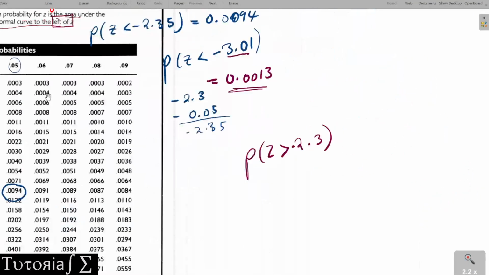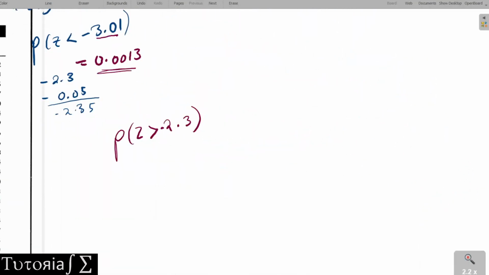But what do we do if we have the probability of z greater than? What we'll do is we'll convert this to a less than. How we convert this is we say this is equal to 1 minus, and this becomes the probability of z less than negative 2.3.